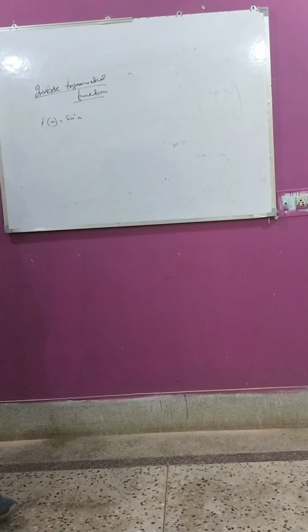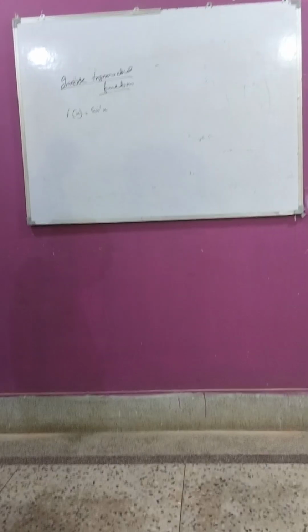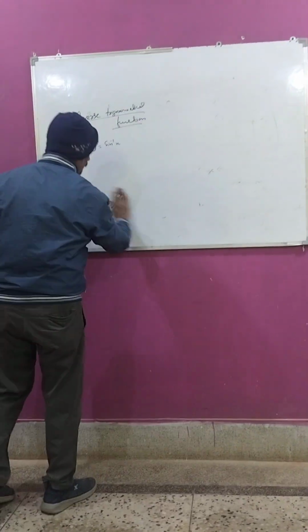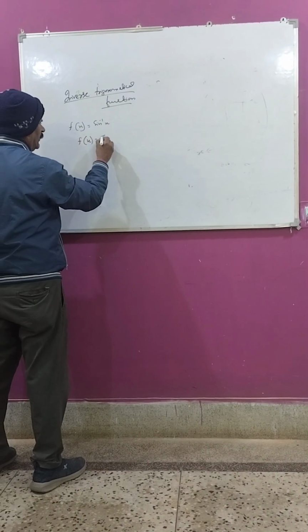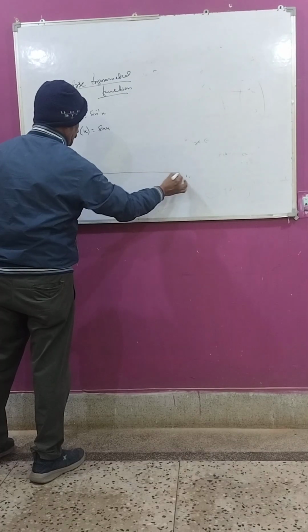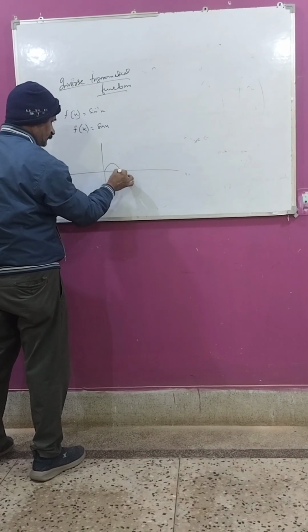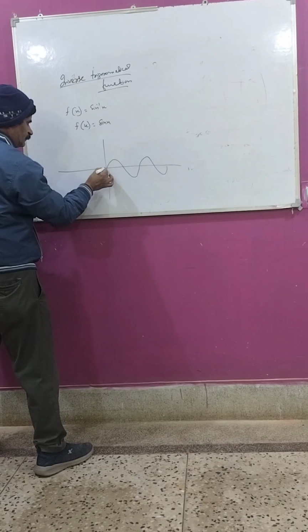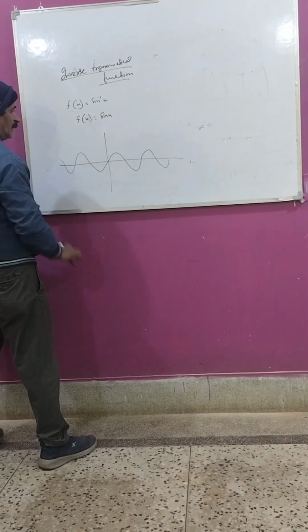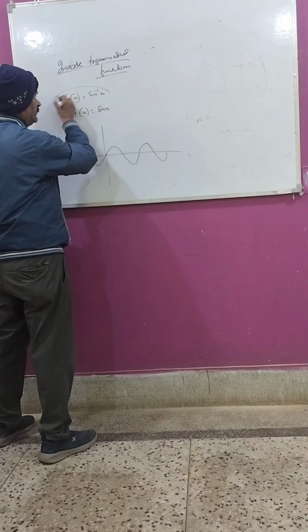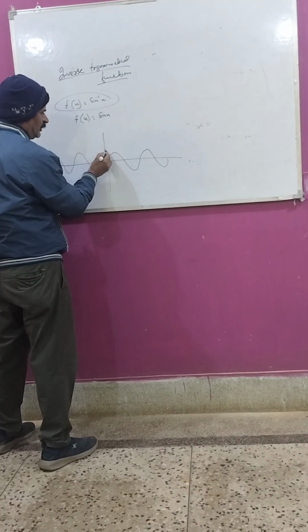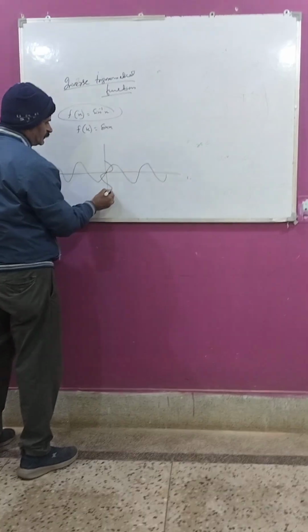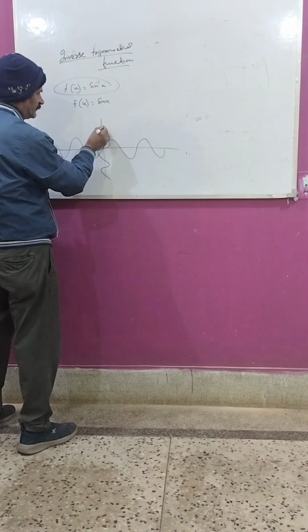What I told just now, for a function to have its inverse, it must be bijective. Now, when you are plotting f(x) equals sin x, this is f(x) equals sin x. And what is f(x) equals sin inverse x? It's an inverse function. Same as what I told you, it will be plotted on the y-axis, like this.